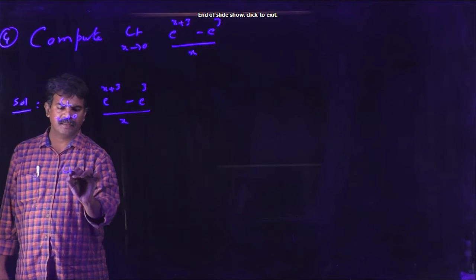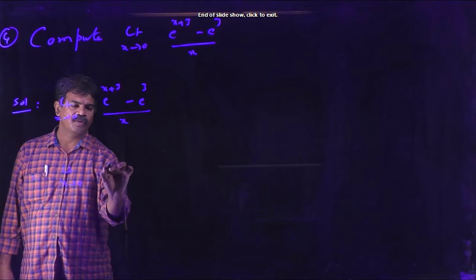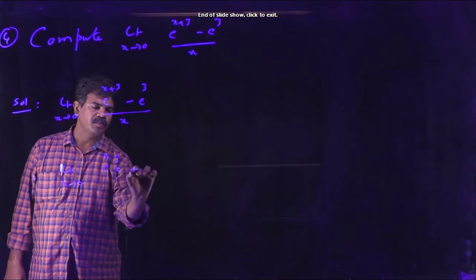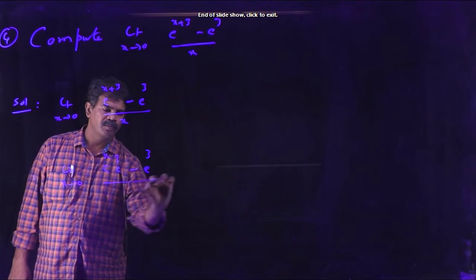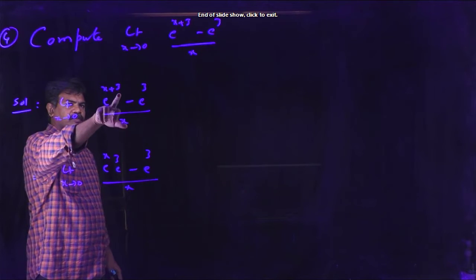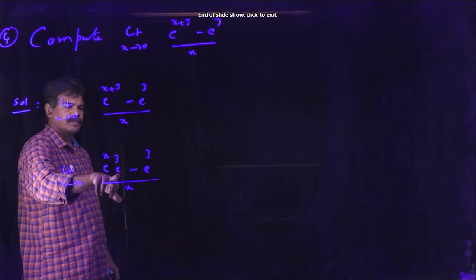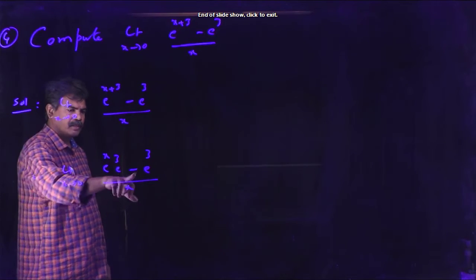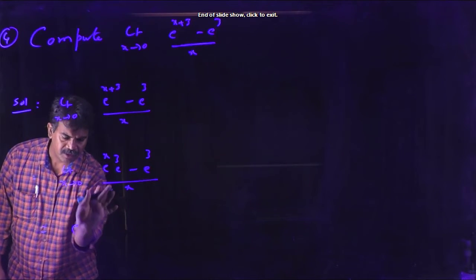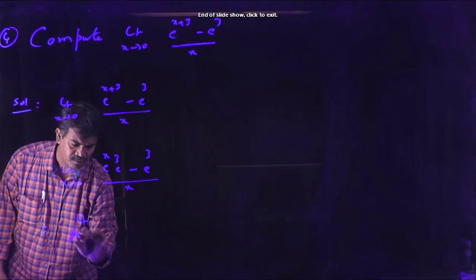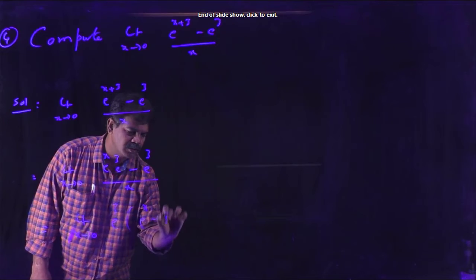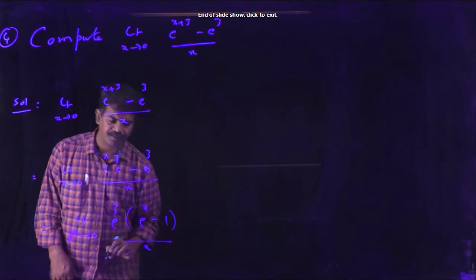That is, limit x tends to 0. We write e power x plus 3 as e power x into e cube, minus e cube, by x. So in the numerator e cube is common. That is, limit x tends to 0, e cube is common, that is e power x minus 1 by x.